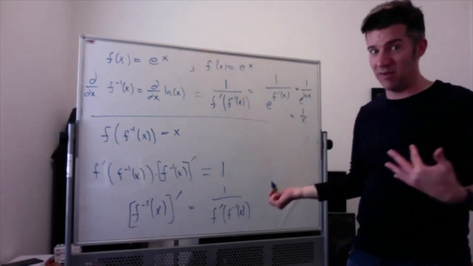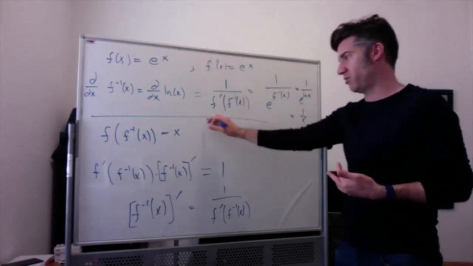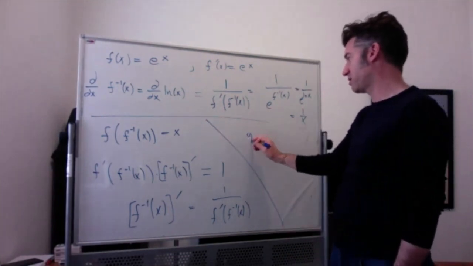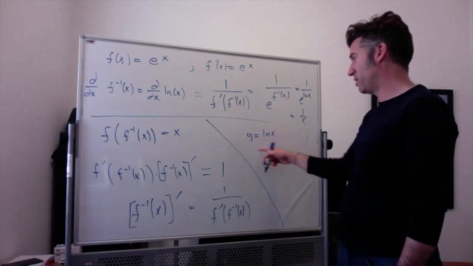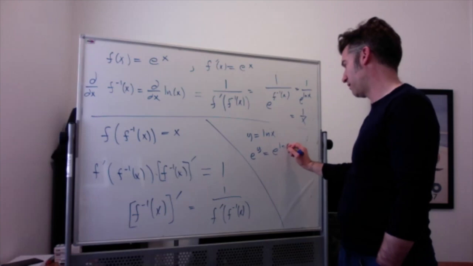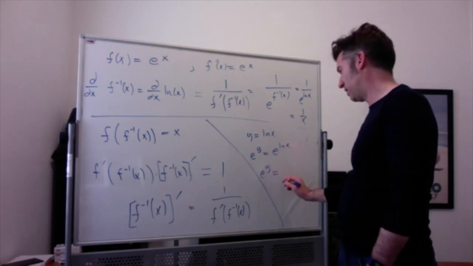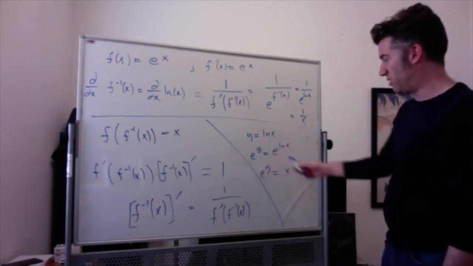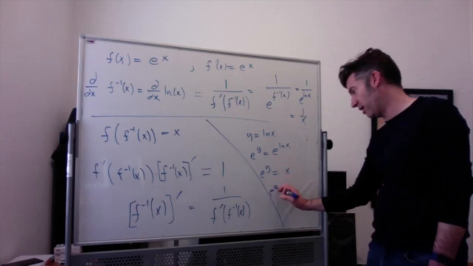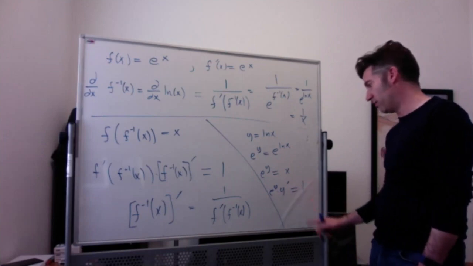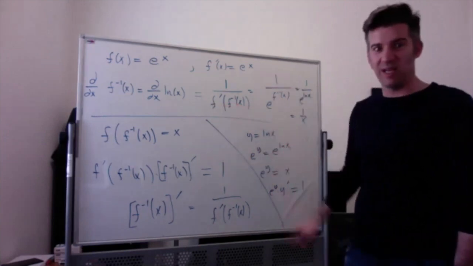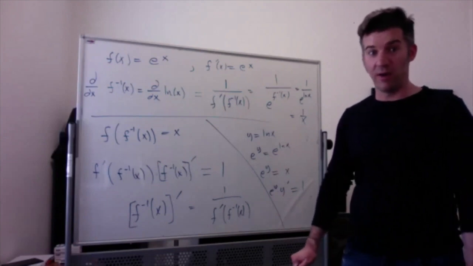But the way we actually found it last week was we rewrote it as e to the y equals e to the natural log of x, and then wrote that as e to the y equals x, and then did the implicit differentiation. The derivative of e to the y is e to the y times y prime equals 1, and then solve for y prime. These two processes achieve the same results. They just feel very different.